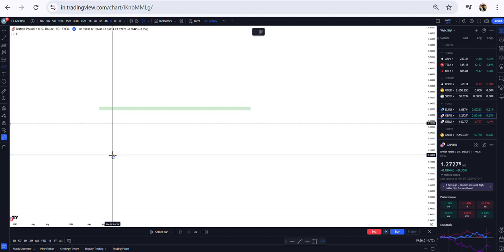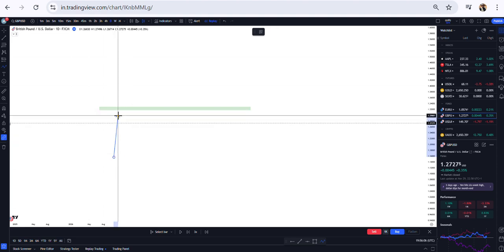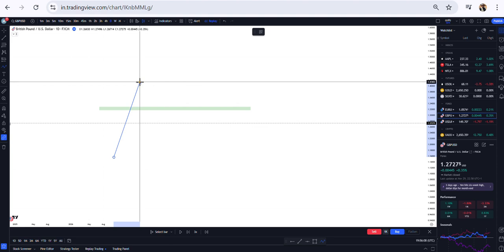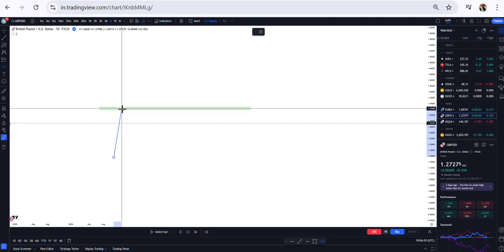So in this example, price is trying to go up above. Price wants to break above this level, but there is something here holding price from breaking above. There's something here, but you're not seeing it, right? But for some reason, price is failing to go above this particular area.